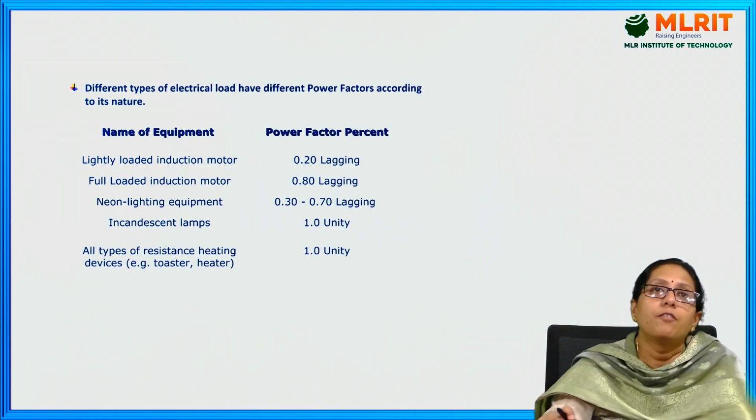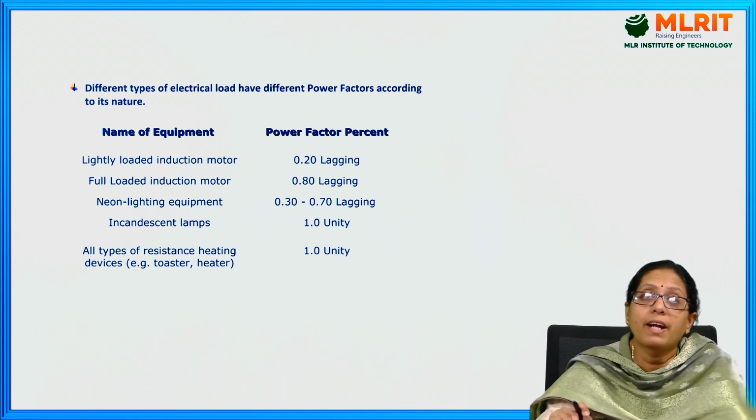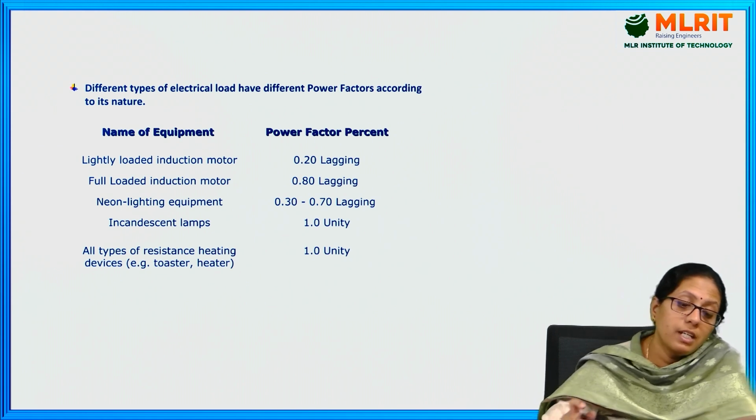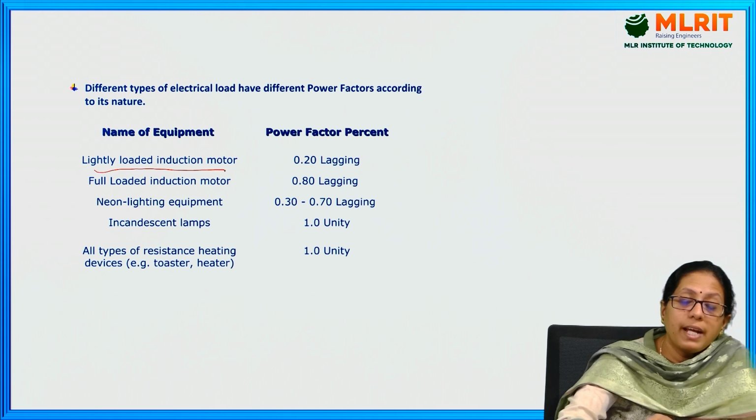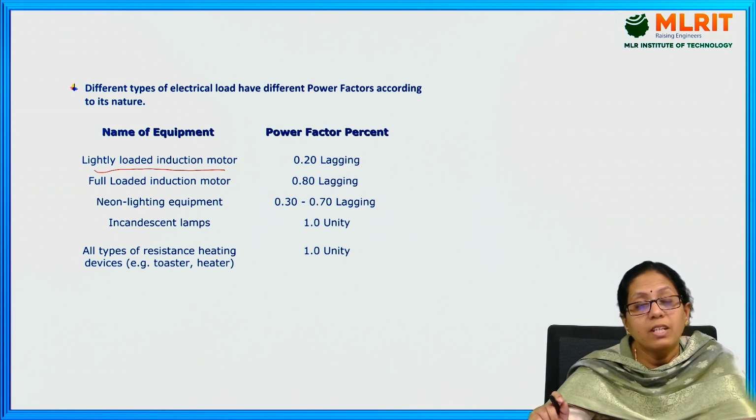So there are different types of electrical load, with different power factors. Based on the different loads, the power factor differs. See here, lightly loaded inductive motor. In an inductive motor, we will be having an inductor. Inductive component is more.